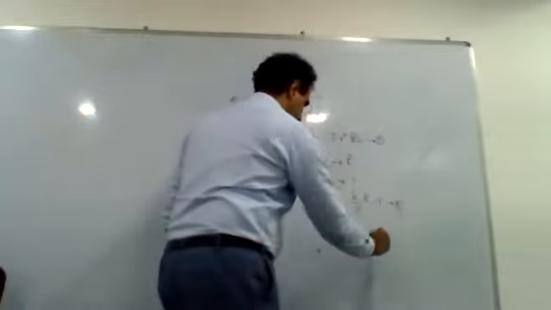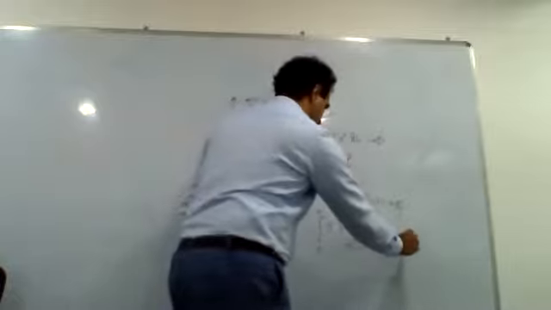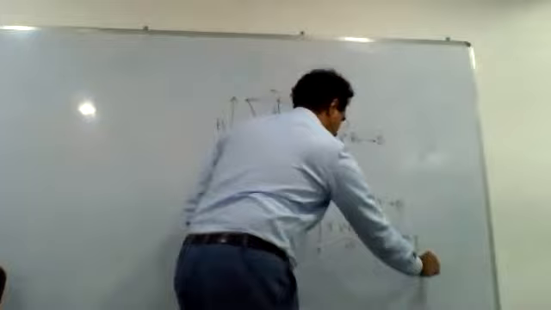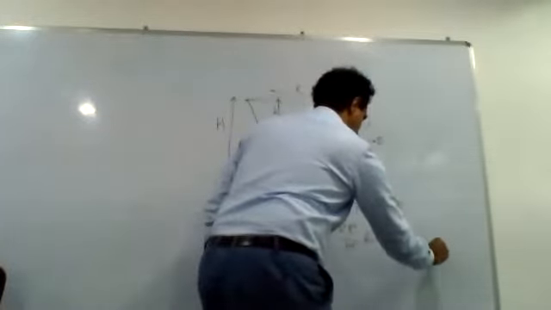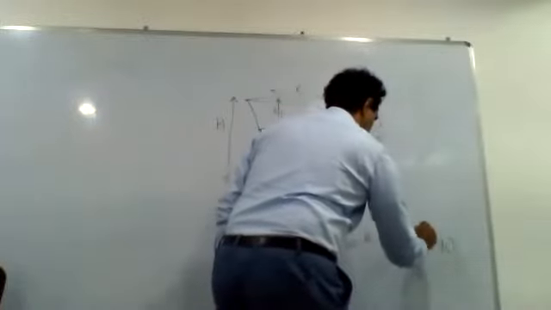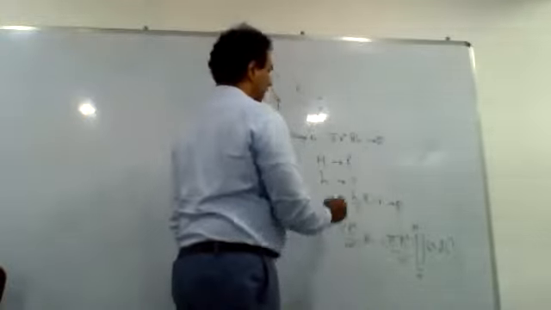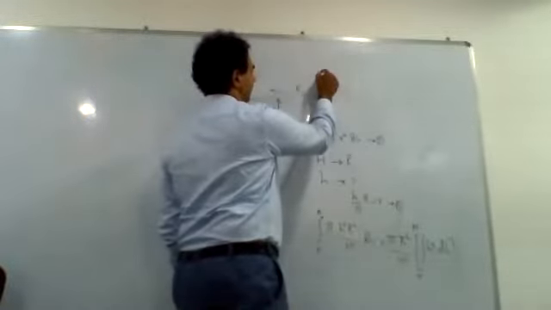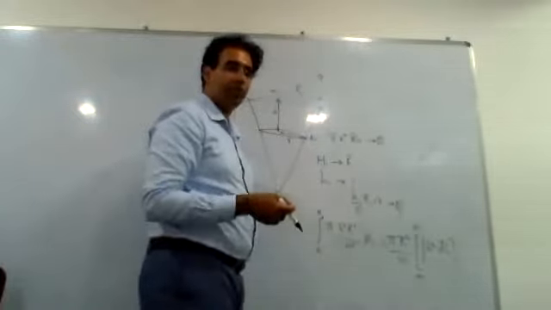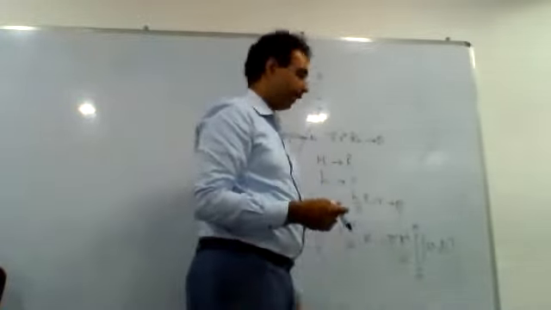So this becomes pi r square by capital H square, integral of small h square dh, height going from 0 to capital H. If you integrate h square dh, it is h cubed by 3. That's the formula for the integral of h square dh.